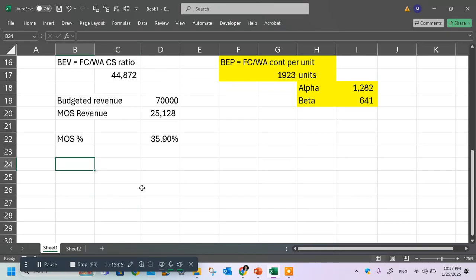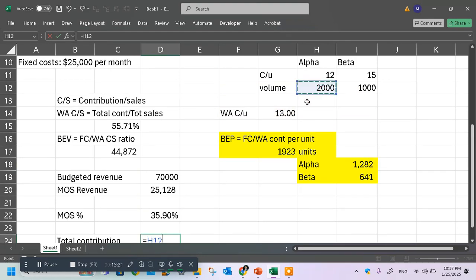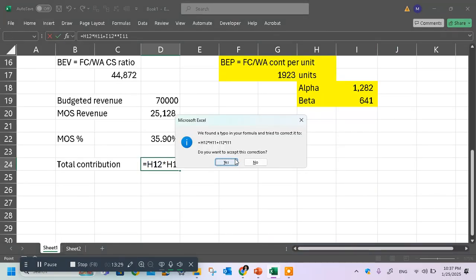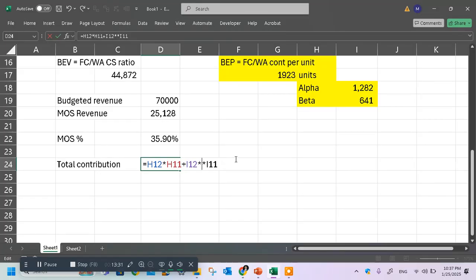How do you find budgeted profit? Contribution minus fixed cost. So total contribution. How do you get total contribution? Here we have it, 2,000 multiplied by 12 plus 1,000 multiplied by 15. Total contribution. Fixed cost how much? 25,000.